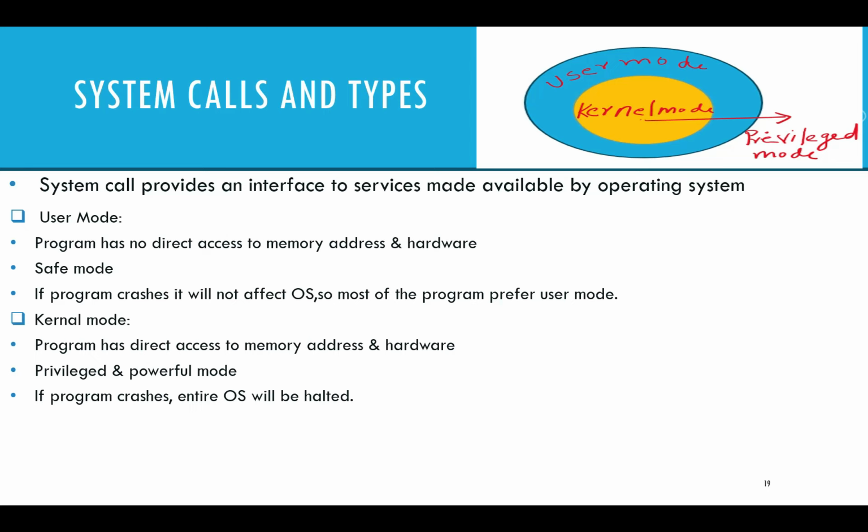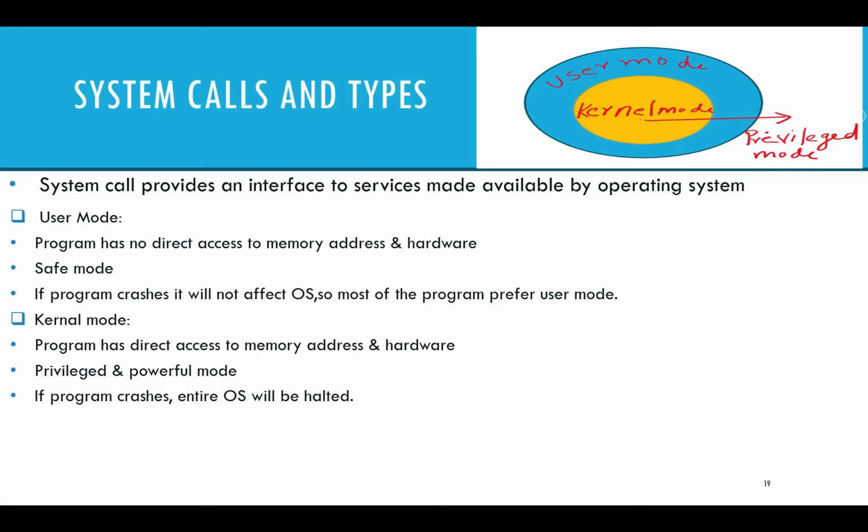So, for the safety of the operating system or computer system, most programs prefer to execute in user mode. Now, when a program executes in user mode, it may need access to memory, hardware, and so on. When a program needs access to these resources, it makes a call to the OS telling it that it needs access to certain resources.